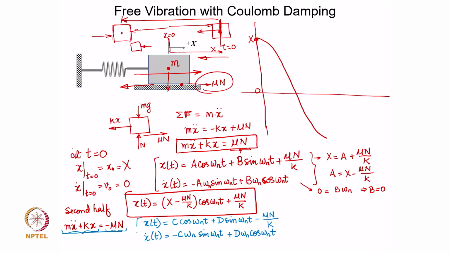These are the two displacement and velocity expressions for the motion of the mass when it is going from this left extreme position to the right extreme position. During that travel, these two equations are valid.